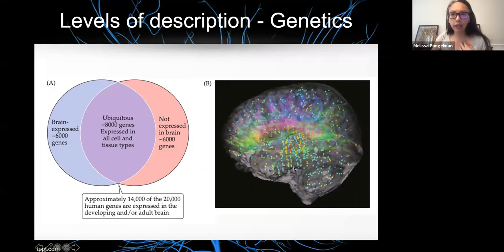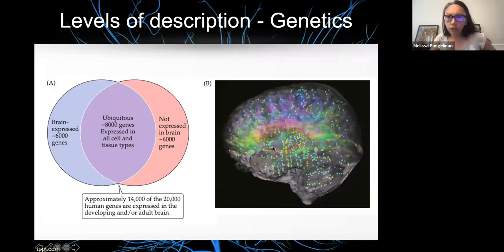And on the left-hand side, these dots represent expression levels of particular types of genes. We know so much more now based on postmortem samples in the developing and adult brain that different kinds of genes get expressed in different areas, at different levels, and at different times.